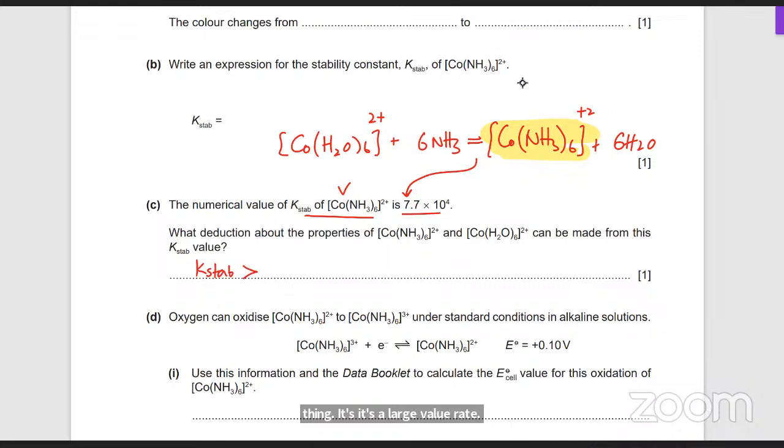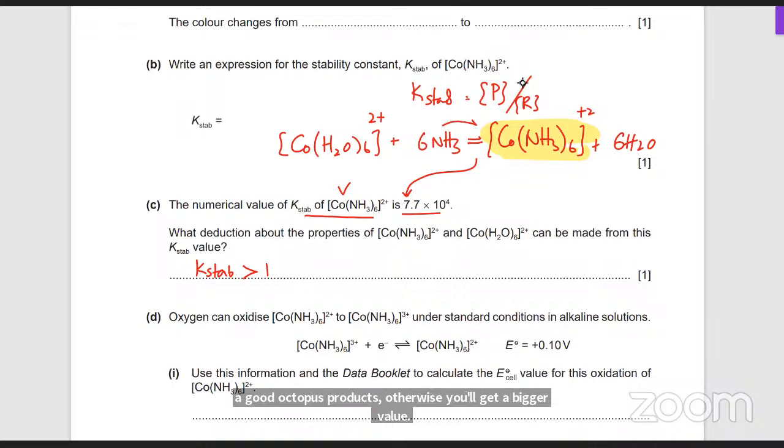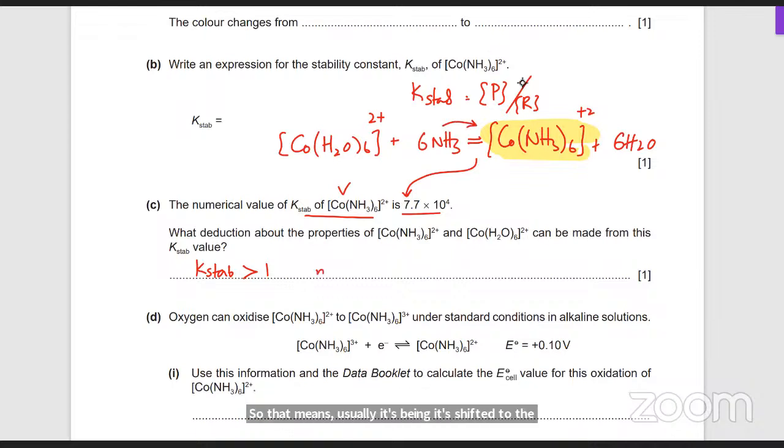So K_stab greater than 1, what does it mean? Does it favor the products or the reactants? Products. K_stab is an equilibrium constant: product concentration divided by reactant concentration. So if you have more product, you'll get a bigger value. That means the reaction is shifted to the forward side and you get more products.